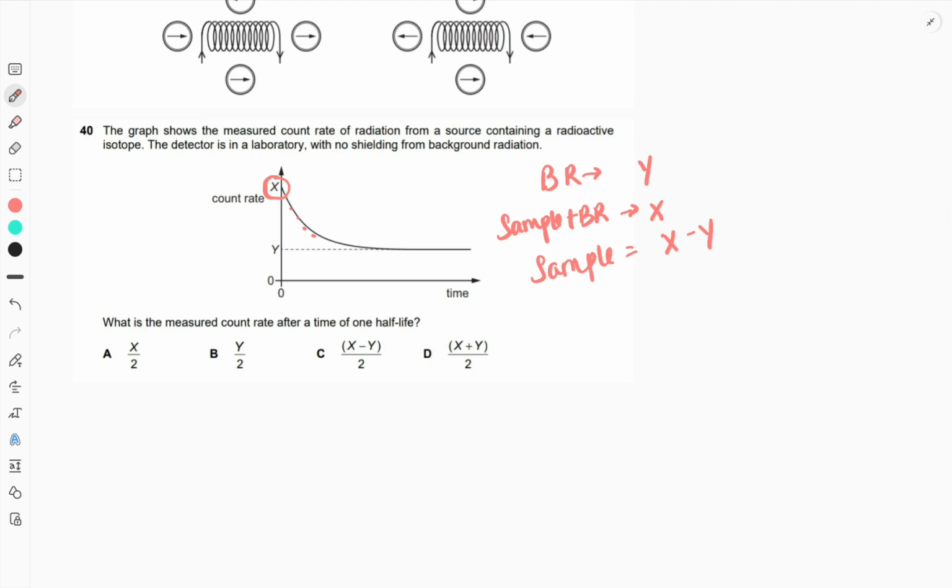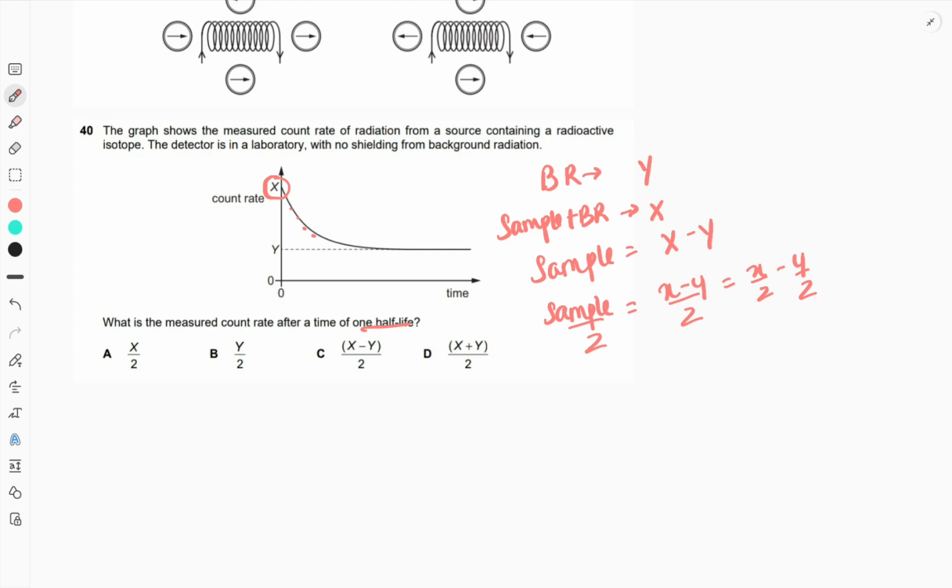Now I need to find the half-life, right? The question deals with half-life, which means I know it is related to the time taken for the sample to reduce by half, which gives me x minus y upon 2. I can write this as x by 2 minus y by 2. Correct? So this is my sample left.